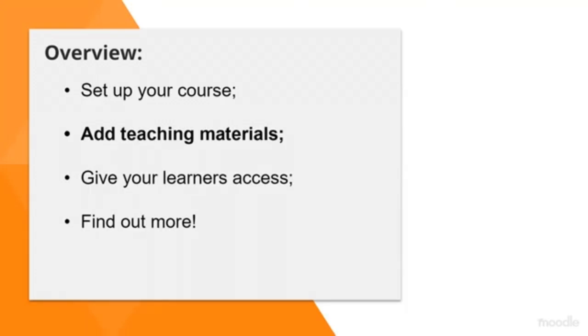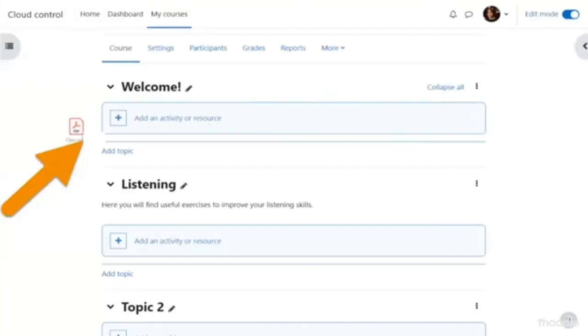I've got one on my desktop, a PDF, clicking on it and simply dragging it into the course page. So here is a PDF that's living just out of view on my desktop, and I'm clicking it and dragging it into the welcome section. You can drag it to anywhere.